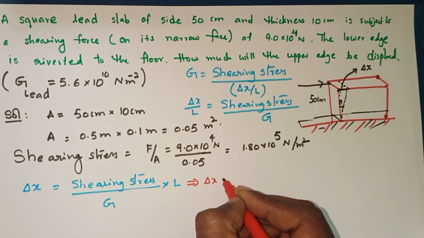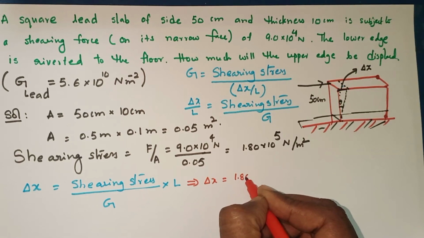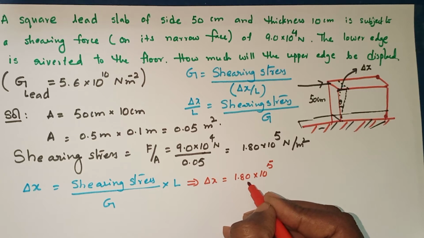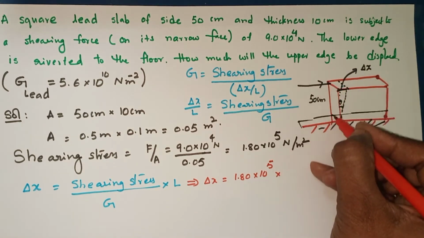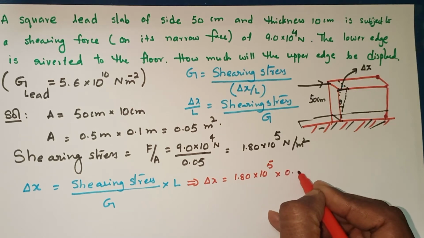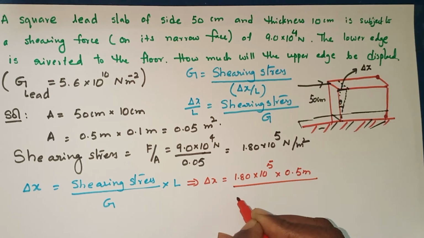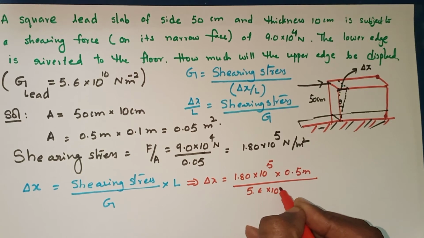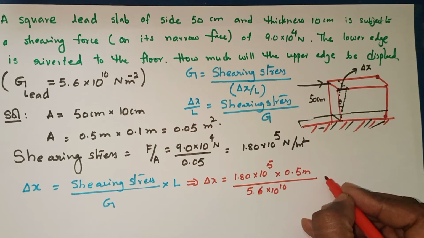Delta x is equal to the shearing stress we have calculated, 1.80 into 10 power 5, into length. What is this length? 50 centimeters means 0.5 meter. The G value we apply is 5.6 into 10 power 10, right?